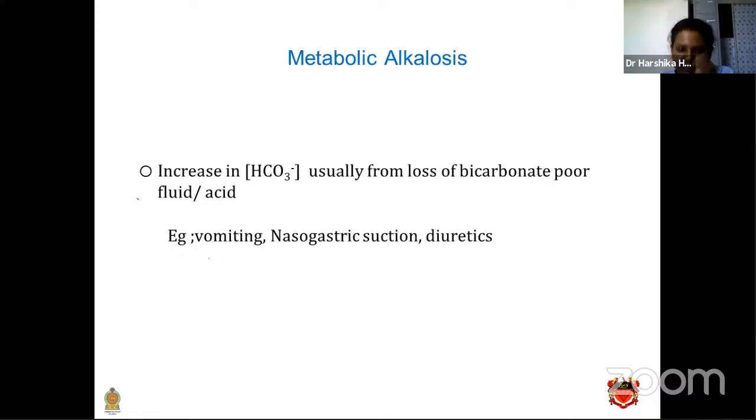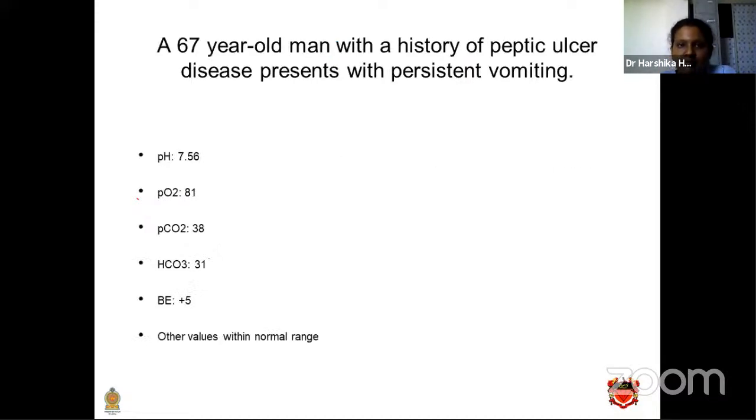Nasogastric suction is a similar thing: it leads to loss of hydrochloric acid from the body. Some diuretics can cause metabolic alkalosis as well. So look at this example. A 67-year-old man with a history of peptic ulcer disease presents with persistent vomiting.